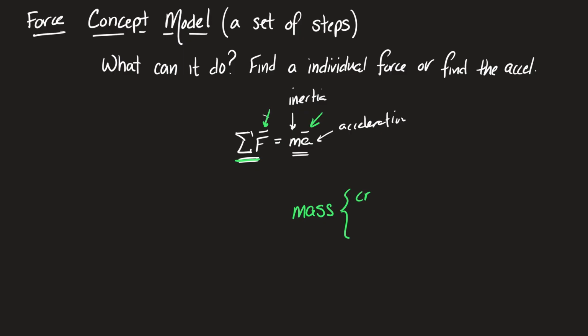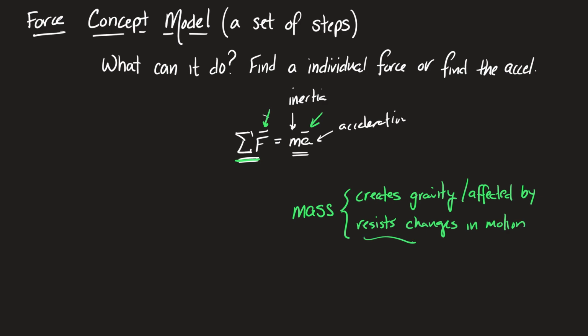It creates gravity, or you can say is affected by gravity. But it also resists changes in motion. This is the definition of inertia. Resisting changes in motion is the definition of inertia.